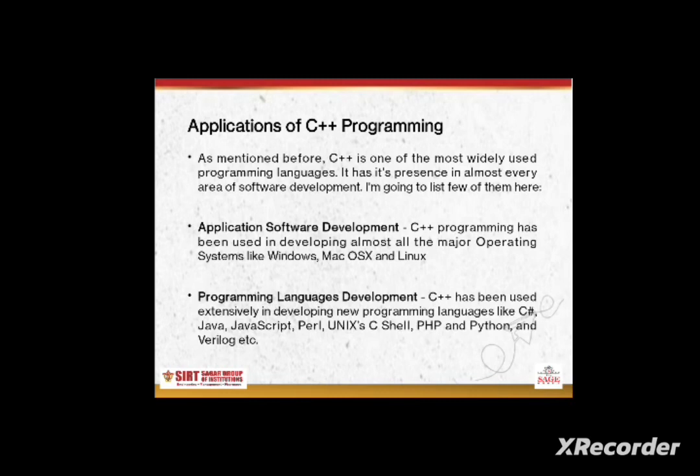In programming language development, C++ has been used extensively in developing new programming languages like C#, Java, JavaScript, Perl, Unix C Shell, PHP, Python, and Verilog. When we are using C++ for this, it is basically using the concept of OOPs, and that is very easily updated into the next format.